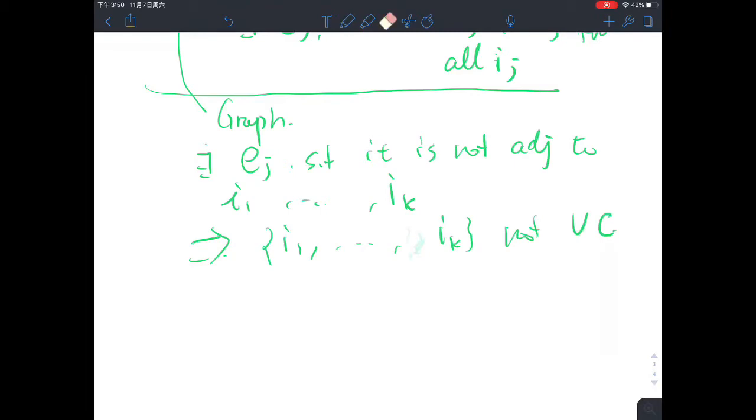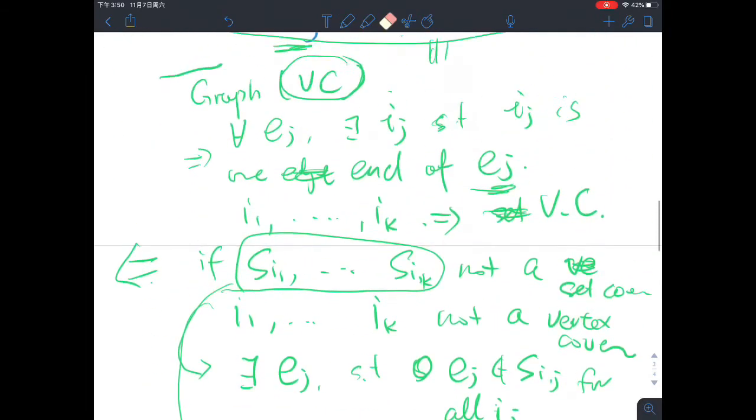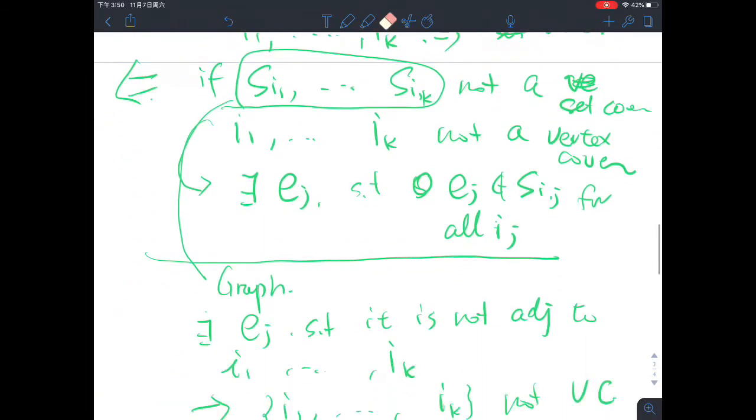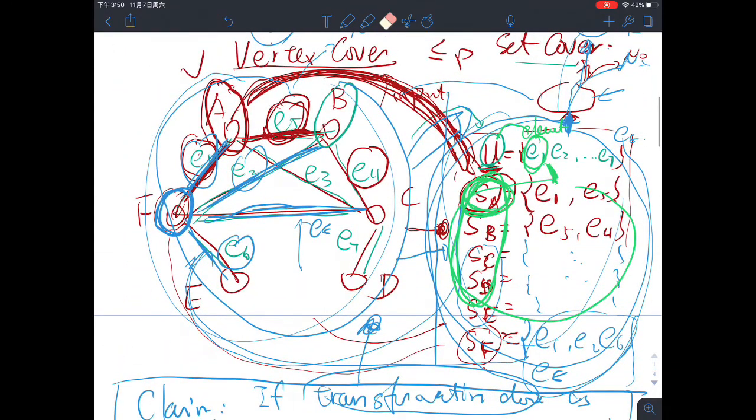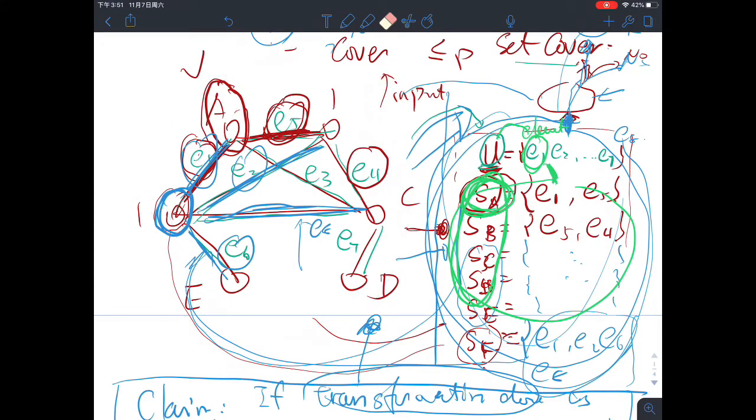Right, so this is the logic here. We managed to establish the equivalence between these two instances. That's the reason we finally managed to prove that if we translate the vertex cover problem in this manner, then we are guaranteed that the output to the set cover is yes if and only if the output to the vertex cover is yes.